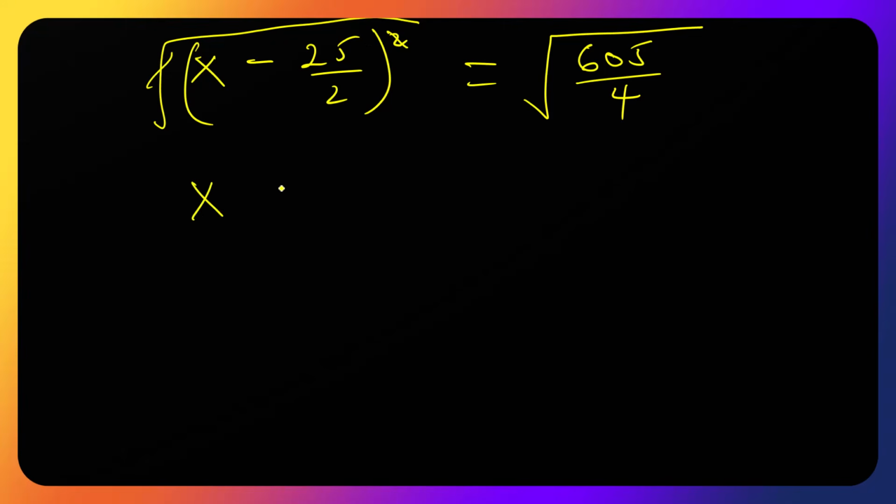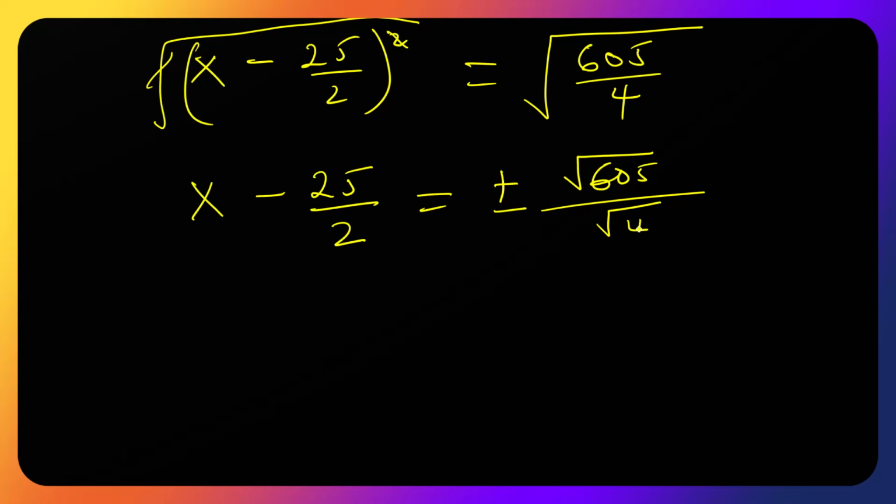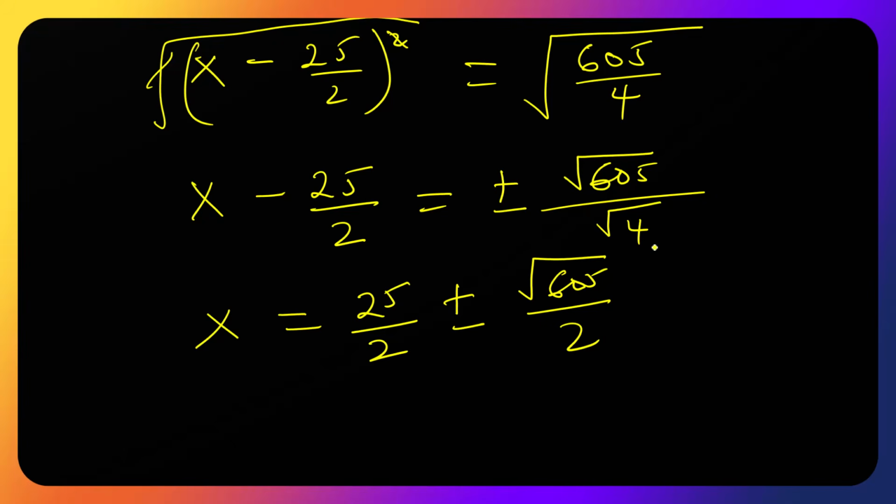So we have x minus 25 on 2 equals plus or minus the square root of 605 over the square root of 4. So from here, x equals 25 on 2 plus or minus the square root of 605 on 2.